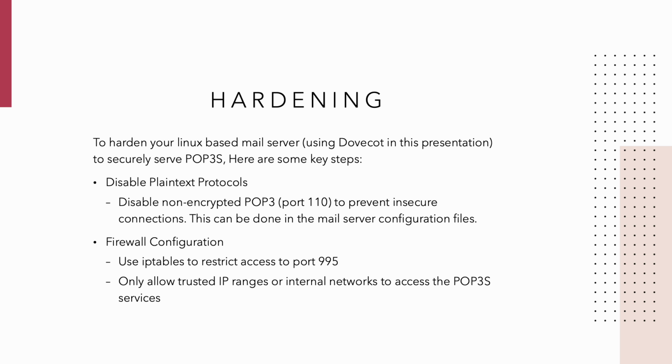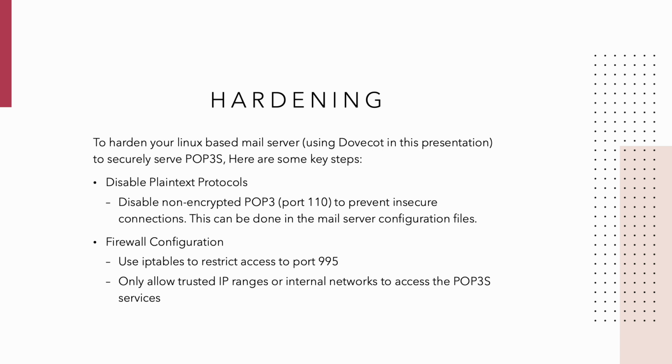And in IP tables, you can use the command written here. So some hardening techniques to harden your Linux-based mail server using Dovecot in this presentation, to securely serve POP3S, here are some key steps. You should disable plain text protocols. You should disable non-encrypted POP3 on port 110 to prevent insecure connections.